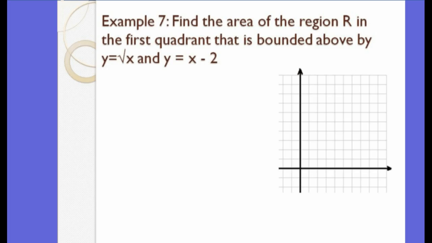So square root of x goes through (0, 0), (1, 1), (4, 2), and (9, 3). y equals x minus 2 starts at negative 2 and goes up 1 over 1. Good?